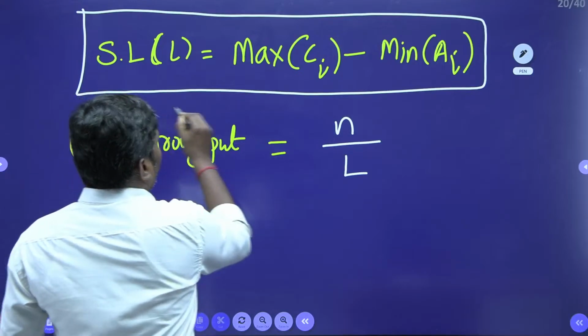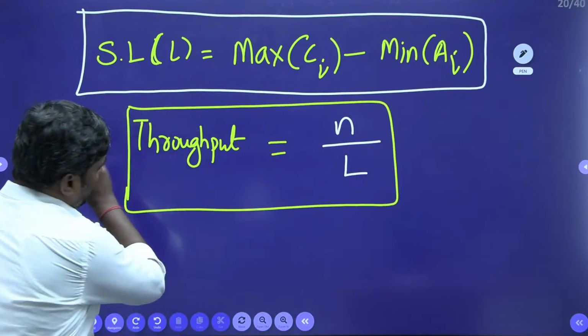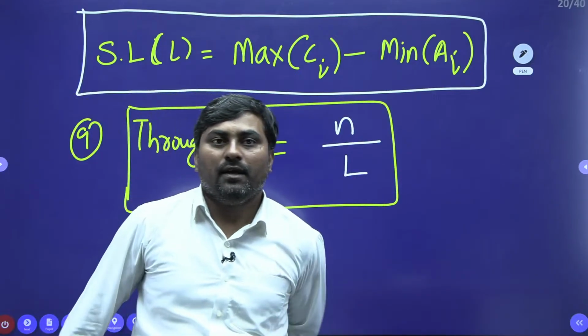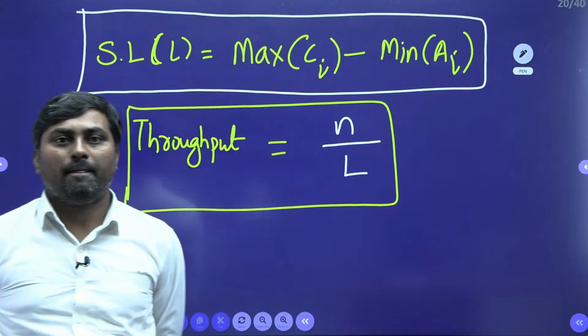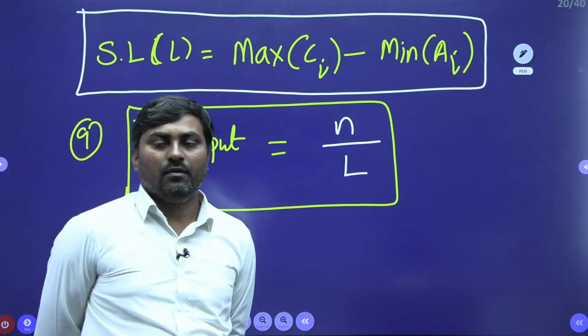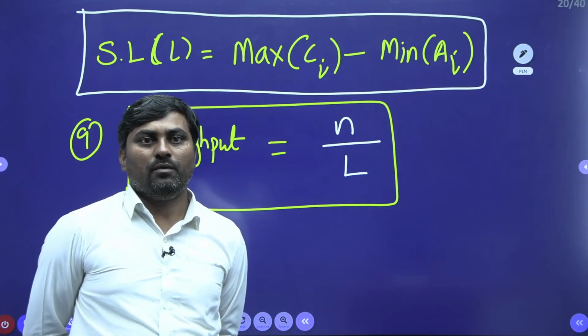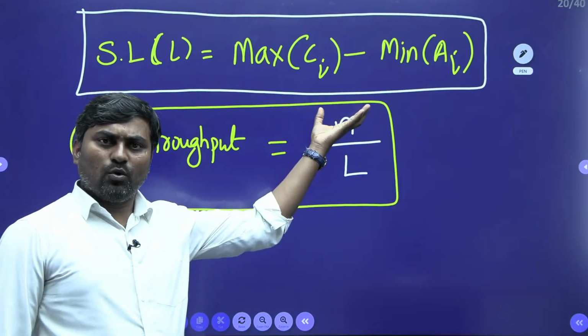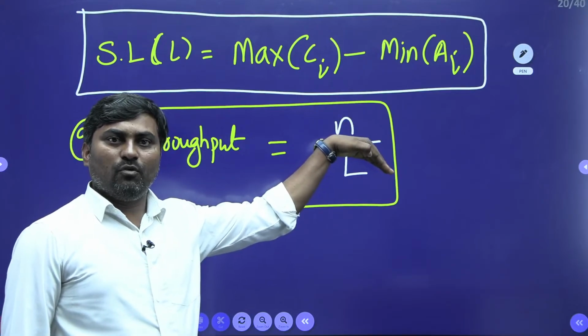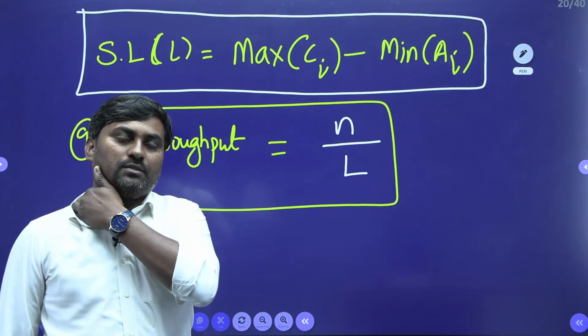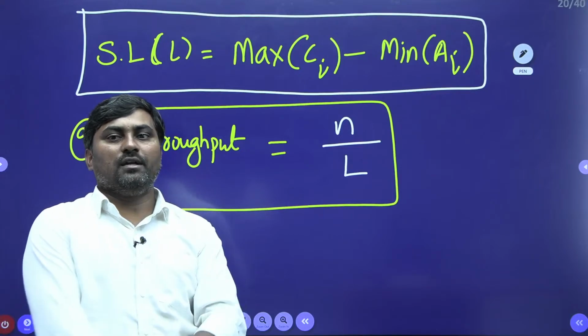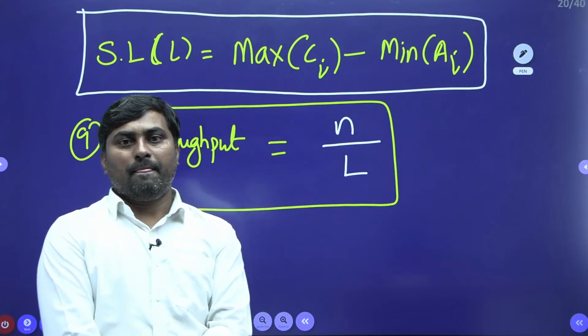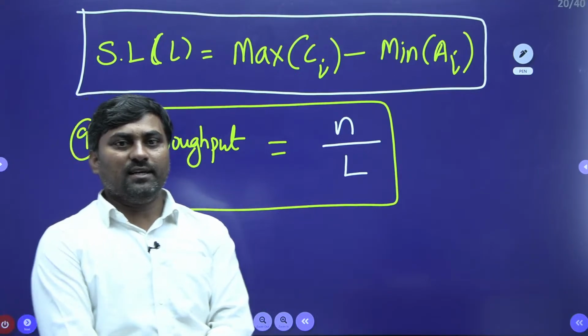I hope you understood. Is it clear, finding the throughput? Everyone respond. Total number of processes is N, and the time taken is L. N by L is the throughput. That's it. Is it clear?